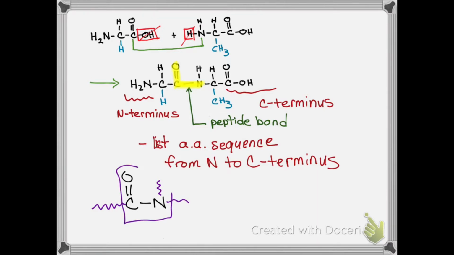But the C double bond O N is the amide functional group. AMIDE. And so every time you link two amino acids together, you do get an amide.